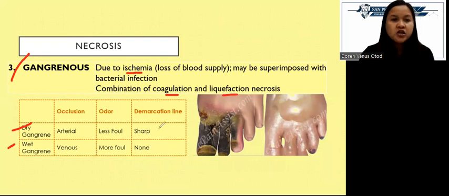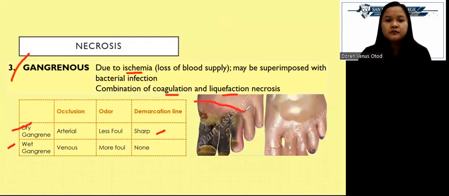So there is a sharp demarcation line. When we say demarcation line, class, just like this in the picture, we can see where the gangrene extends to. And as to the odor, it is less foul because there is less bacterial action.